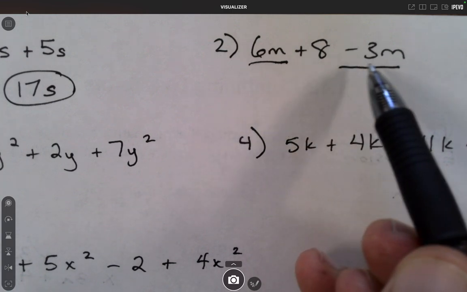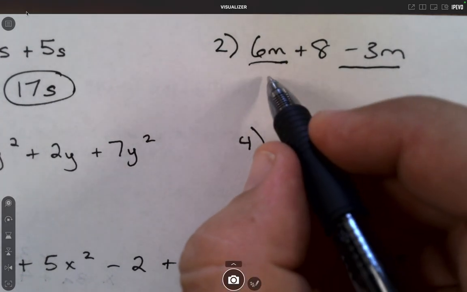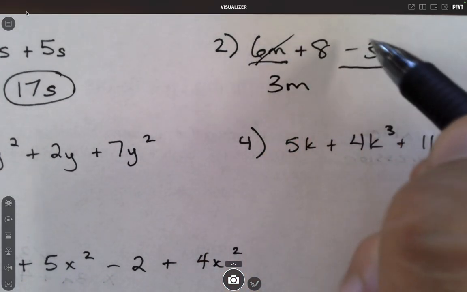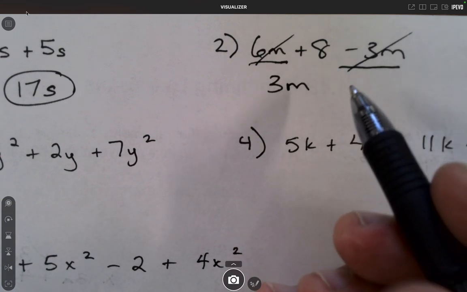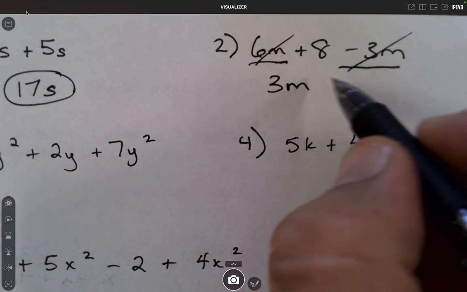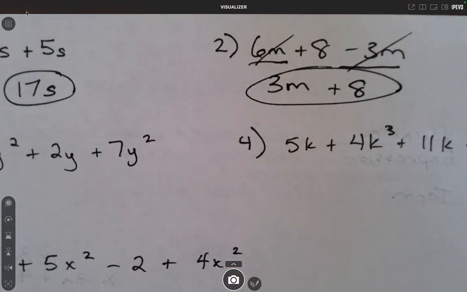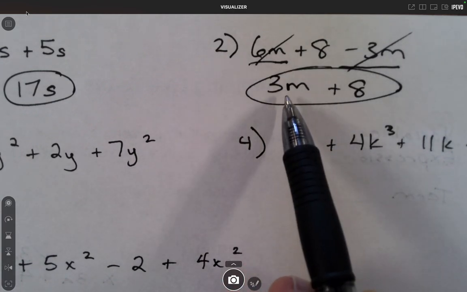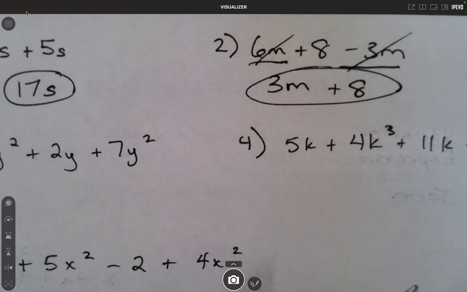So these two are like terms. So I can go ahead and say 6m minus 3m is 3m. And then I've covered those. So there's only one term left, so it obviously doesn't have a like term because it's by itself, and it's 8. So the like terms got combined. The thing that had no like term just stayed the same.